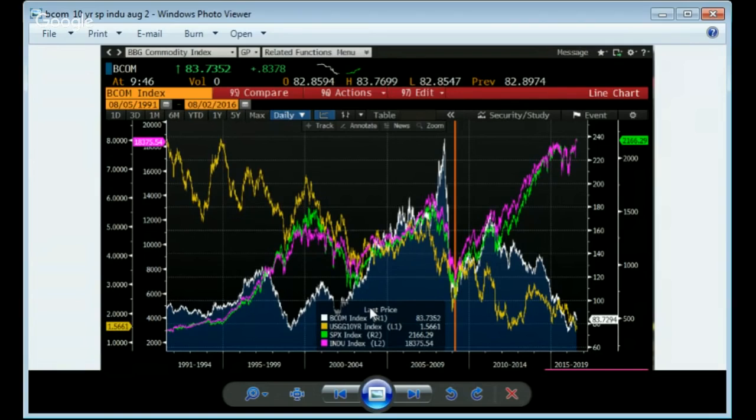Equities are rising because the economy is doing well. The economy is doing well, commodity prices are rising. Okay, so far so good. Then we have the 10-year yield. Now remember, bond prices are opposite. So from this period here, we have bond prices rising. From this period here, as rates go up, and they are rising a bit through here, bond prices are coming off. So that would be what you would expect still.